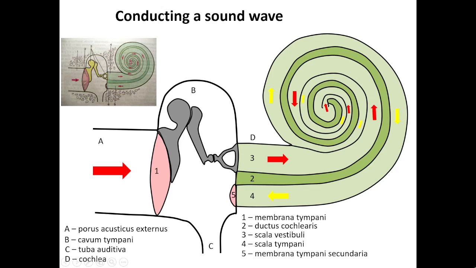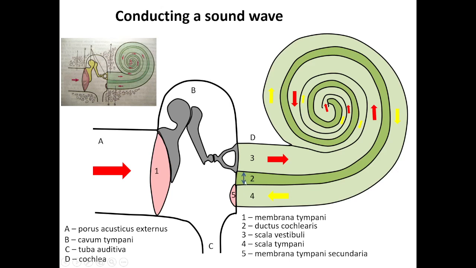The result of it is the moving of the perilymph in the cochlea. And why do we need to move the perilymph? For moving the endolymph inside of the ductus cochlearis.